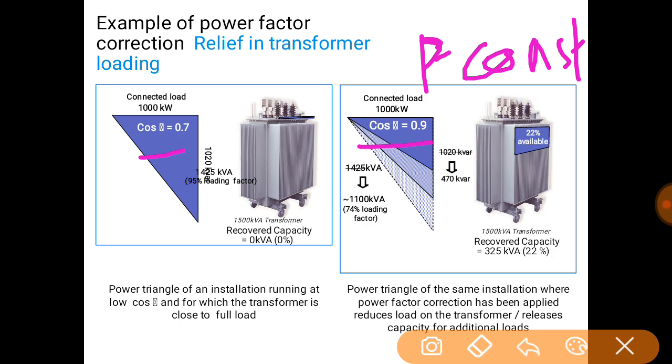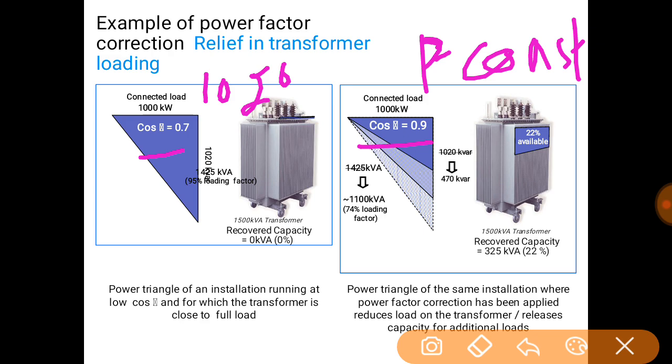First we have 1020 kVAR. This is reduced by 470 kVAR using capacitors and other devices like synchronous machines, condensers, etc. Then its value is reduced.